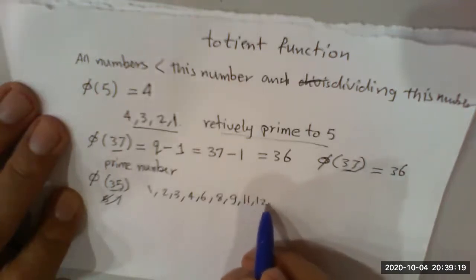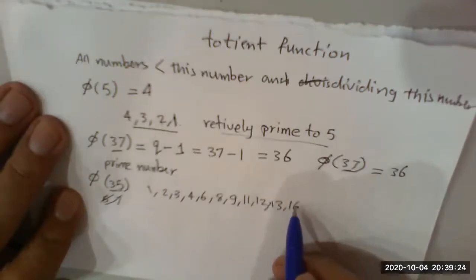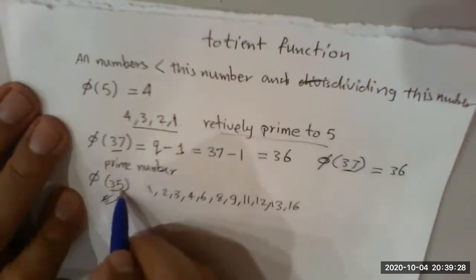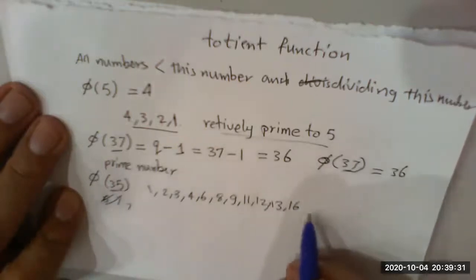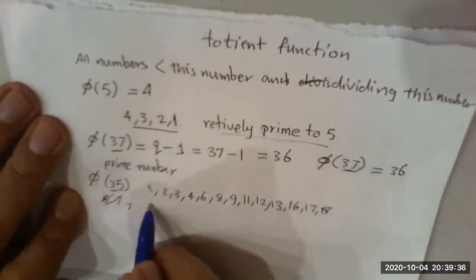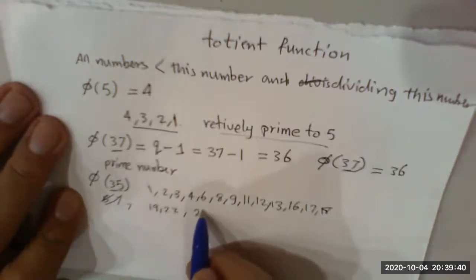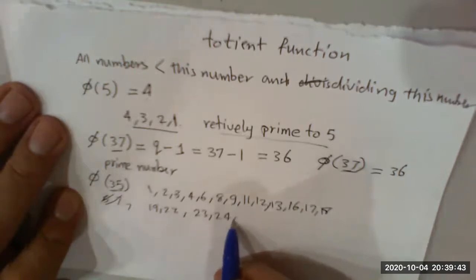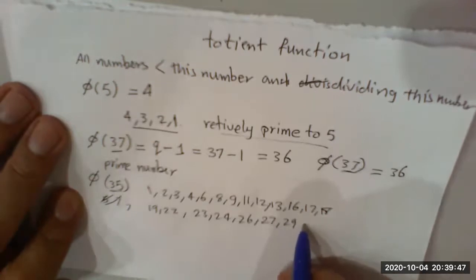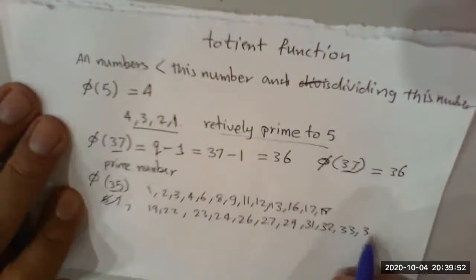11 is okay. 12 is okay. 13 is okay. 14 is not going to be there, because they have 7 here, and 14 and 35 have a common divisor, which is 7. 16, 17, 18, 19, 22, 20 is not going to be included, 23, 24, 26, 27, 29, 31, 32, 33, 34.